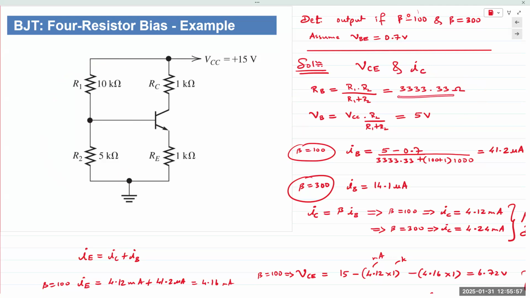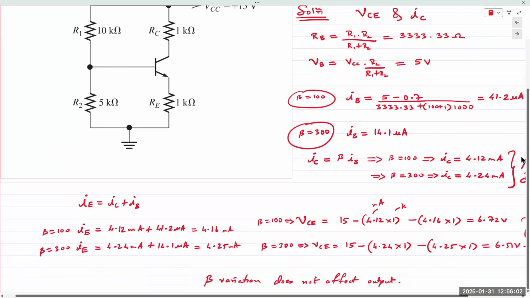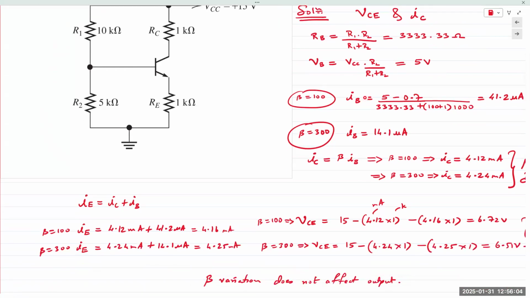So we find RB, we find VBB, the base voltage, plug the values into the equation for IB, and determine that IB is 41.2 microamps for a beta of 100.